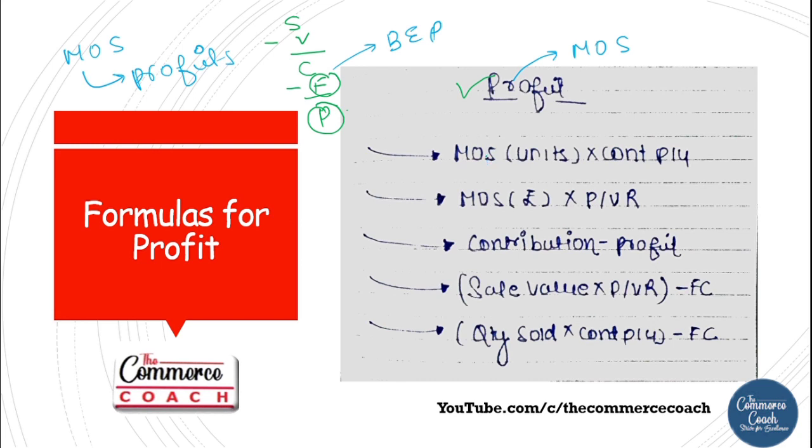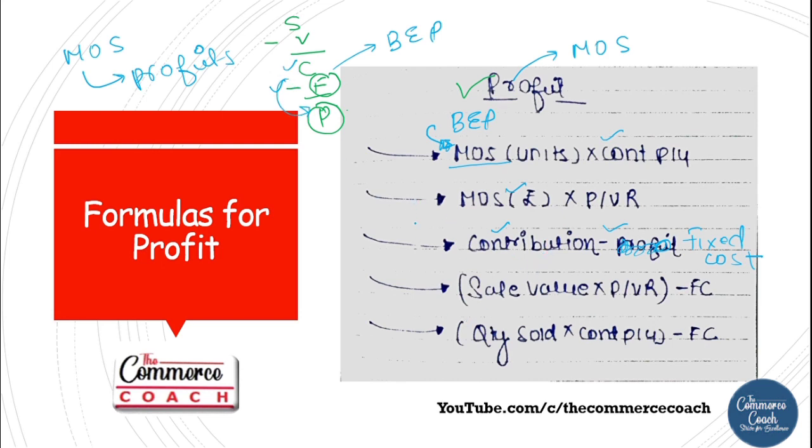Now the same formulas are there, just substitute BEP with MOS. At the same place we had BEP earlier, now we have MOS. So in the same way, contribution minus profit, earlier it is basically contribution minus fixed cost, because it is a straightforward formula. Contribution minus fixed cost gives you profit.